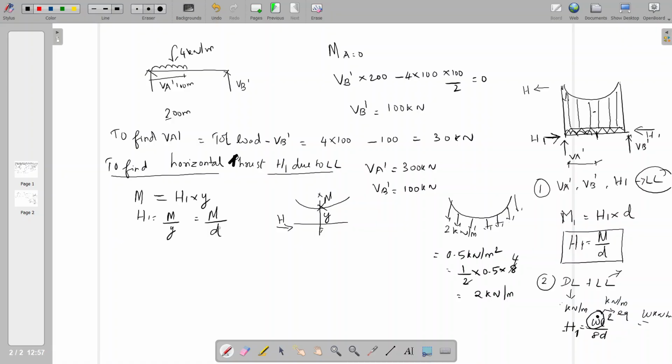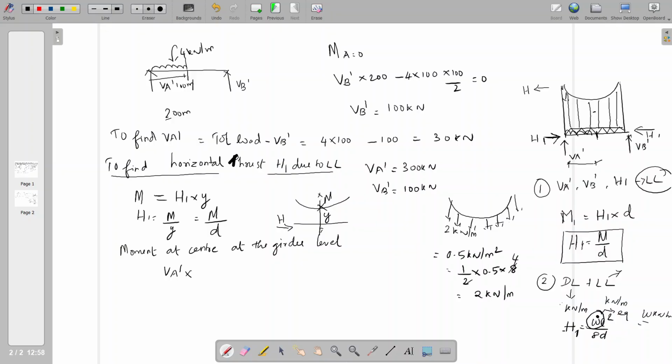If it is the central point, it means moment divided by dip D. Okay, in our problem, we are going to calculate the bending moment at the center point. What is the bending moment at this center point? Moment at center: VA dash at the girder level. We have to mention wherever it is needed. We are only dealing with this girder level.